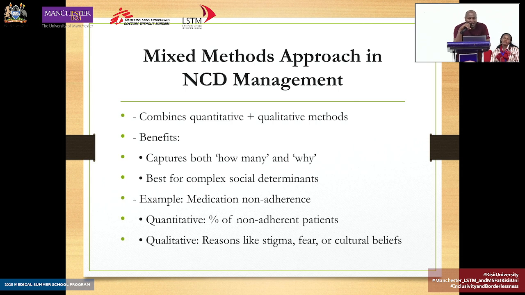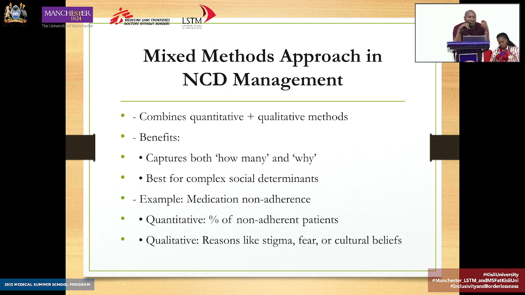And as a social scientist, you don't just stop at that word stigma. You will want to know, how is this stigma? You dig deep until you know this stigma is brought about by ABCD. Then that fear, the cultural beliefs, you really want to know what kind of cultural beliefs are affecting adherence of patients to medicine.